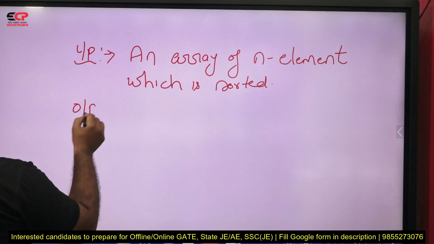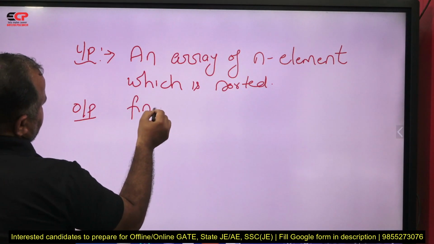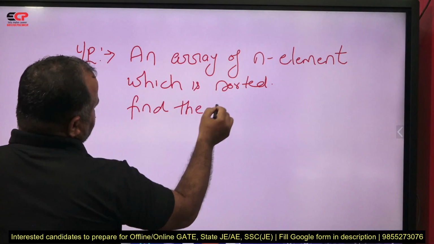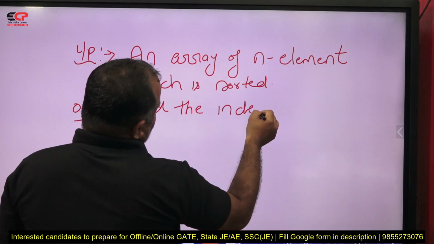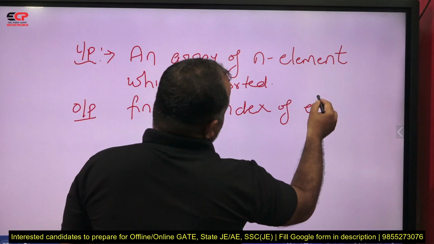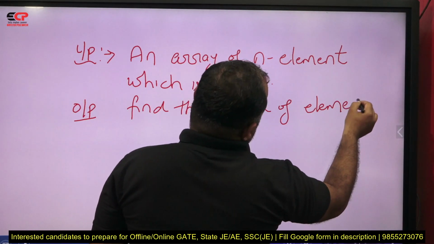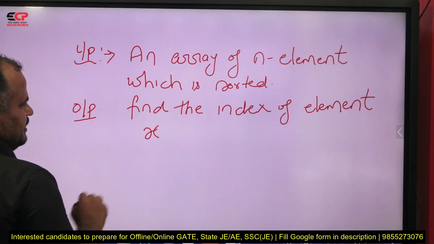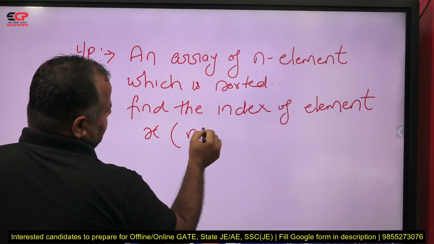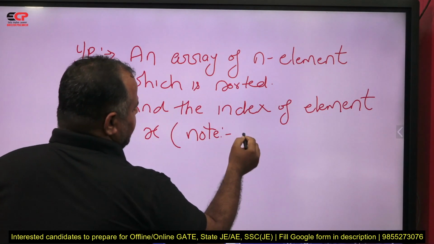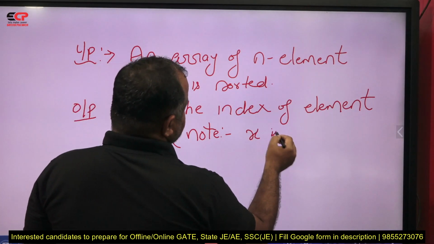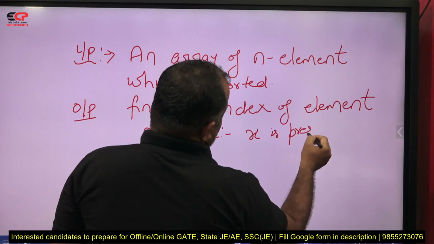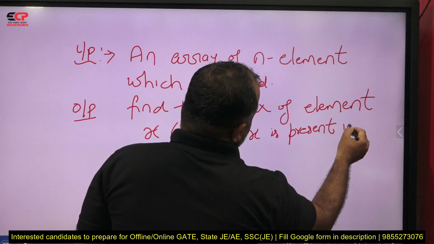Output, what we want, find the index of element x. Find the index of element x. Fine. Note: x is present in the array.